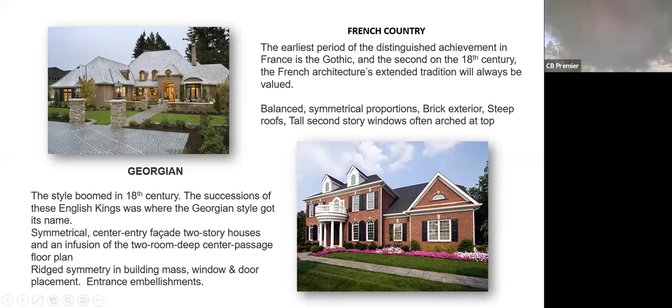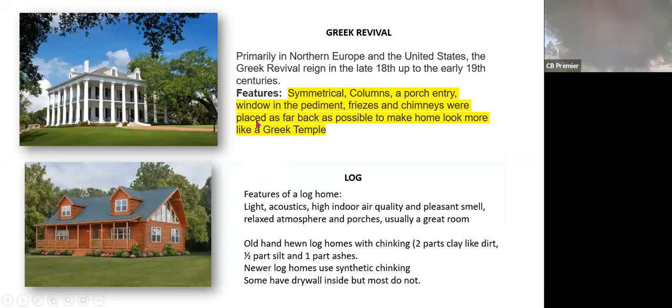Greek Revival, I have two different ones on here, so different styles. So Greek Revival, 18th century and early 19th century, symmetrical again, denoted by tons of columns, dormers, and the reason they built these, because we're a melting pot, is to try to resemble the Greek temples.